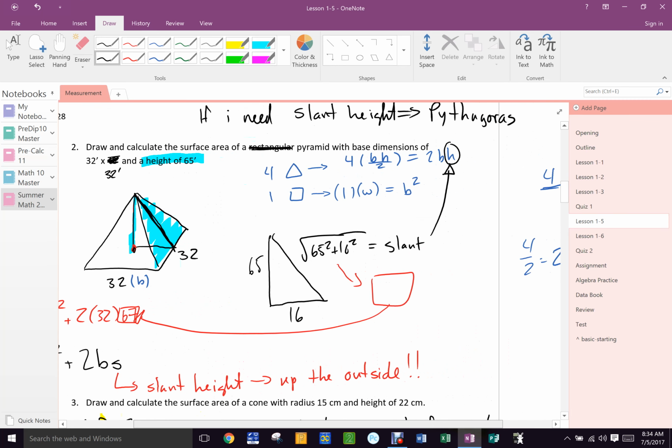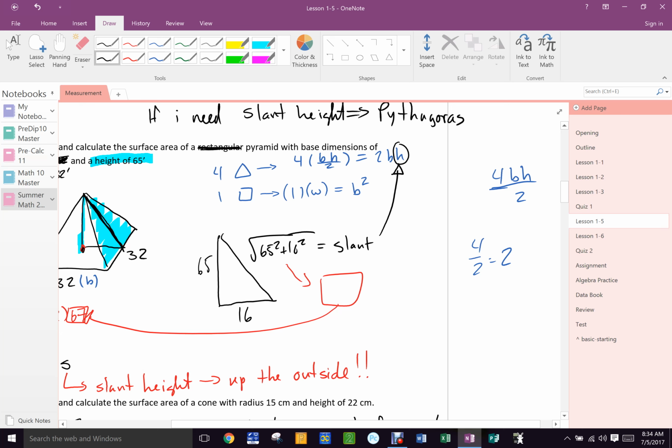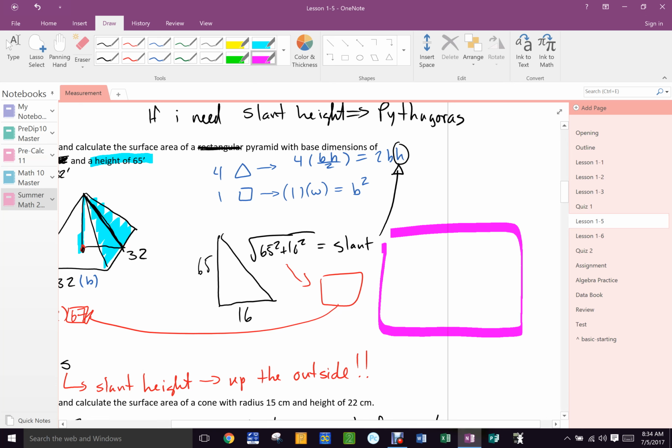Now again, you don't need a lot of room because pyramids are what? Volume of a pyramid. I'm going to get my purple box right here. Pyramids are all base area times height divided by 3.